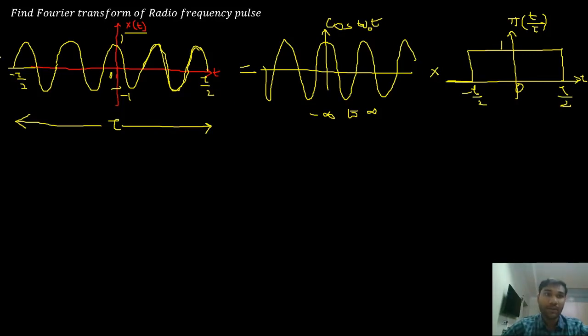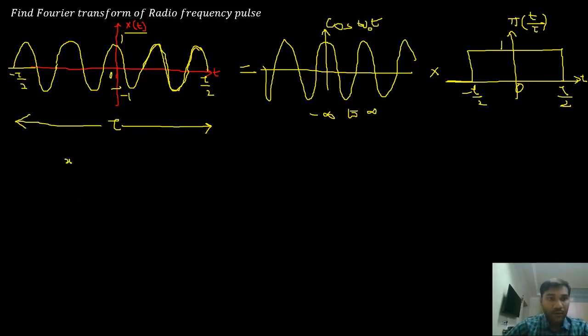So my x of t is 0 in the range minus infinity to minus tau by 2. Same thing for tau by 2 to infinity. Only in the range of minus tau by 2 to plus tau by 2, I am multiplying cos omega naught t with 1. That is how I'll get just cos omega naught t in this region.